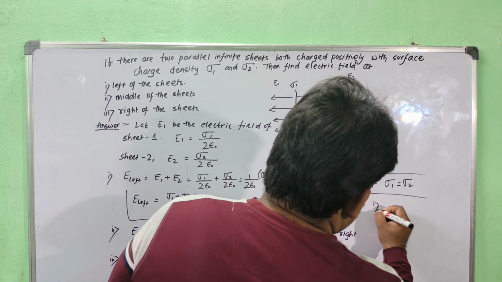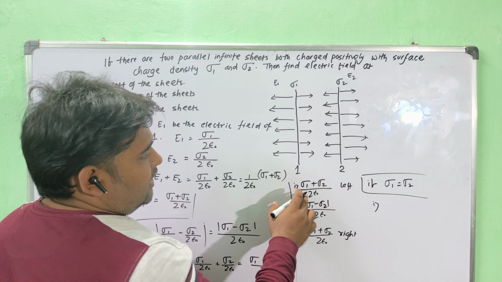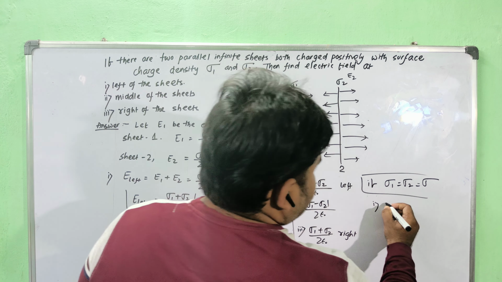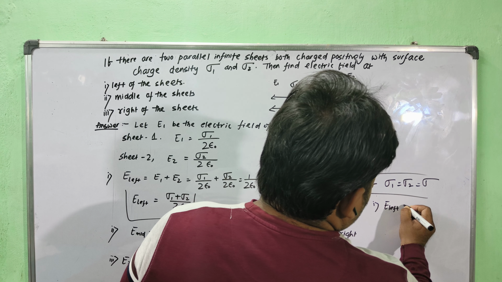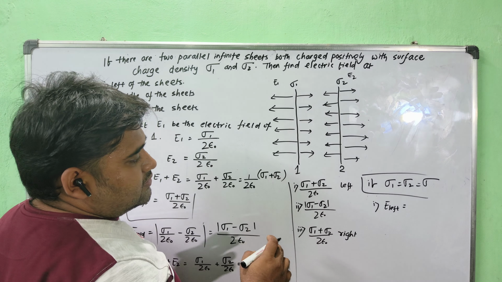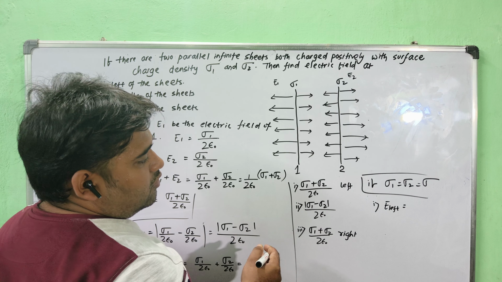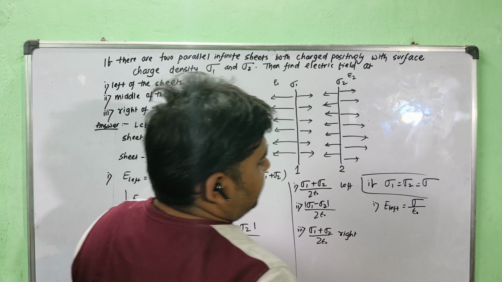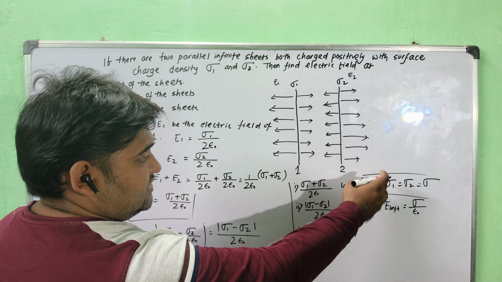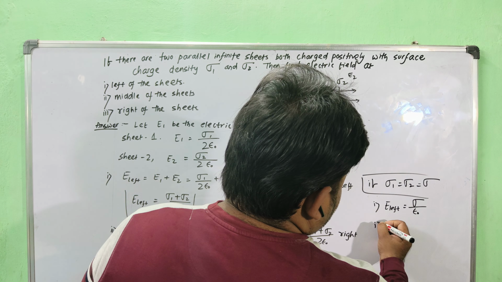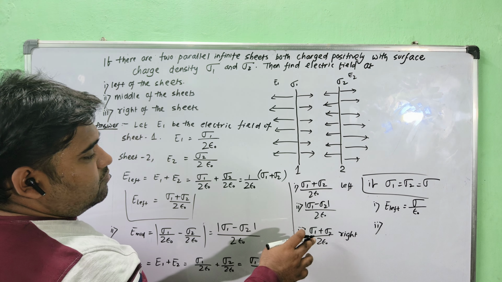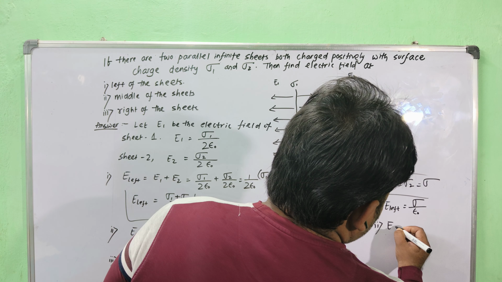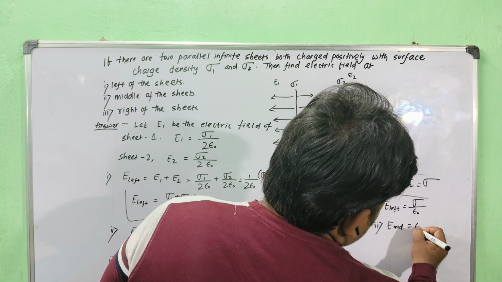If we write it as sigma, then E left should be sigma plus sigma, that is 2 sigma divided by 2 epsilon naught. So the 2 gets cancelled, giving sigma by epsilon naught. Now for the second, if sigma 1 equals sigma 2 equals sigma, then sigma minus sigma is equal to 0. Then E mid is equal to 0.